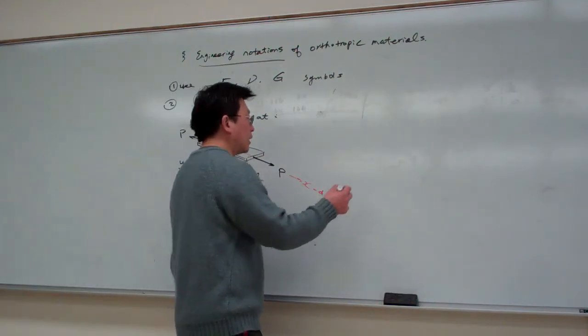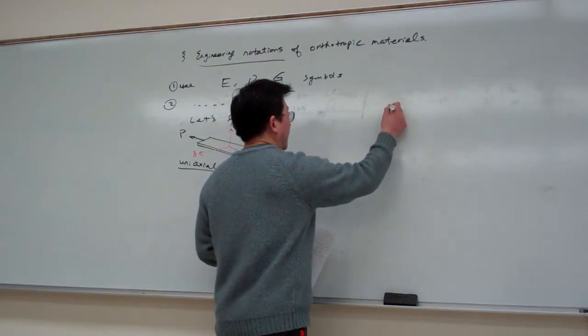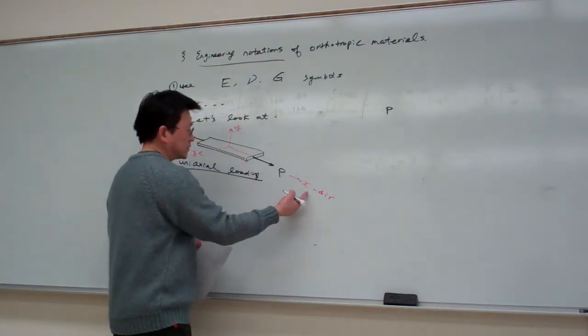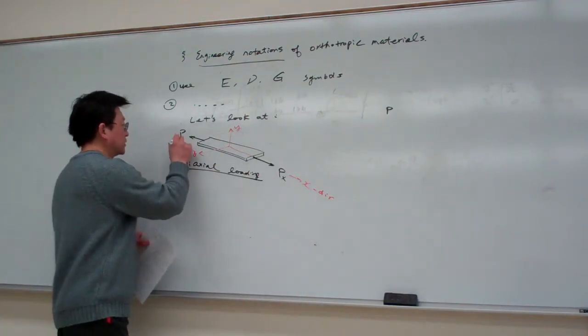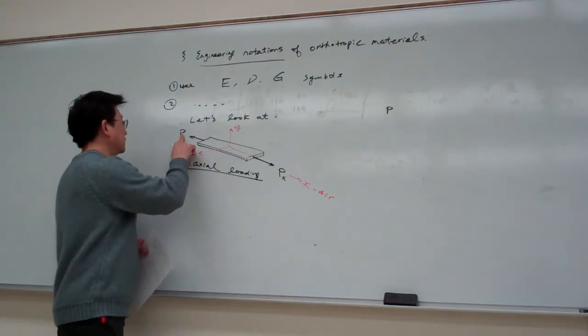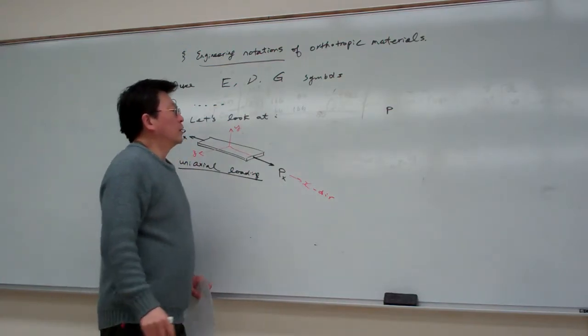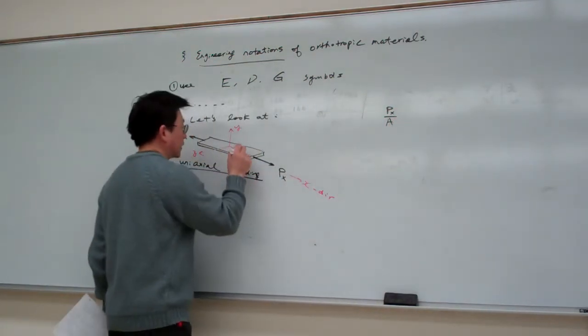So for example, now we divide the loading. Since here we have applied the x direction, why not we simply put the subscript here to denote that the loading is in the x direction, okay? So we divide the force by the cross-sectional area.